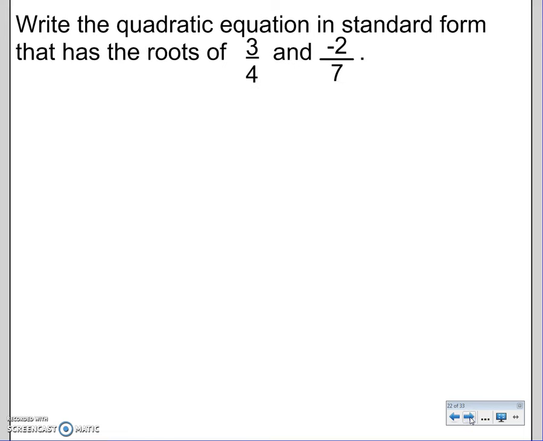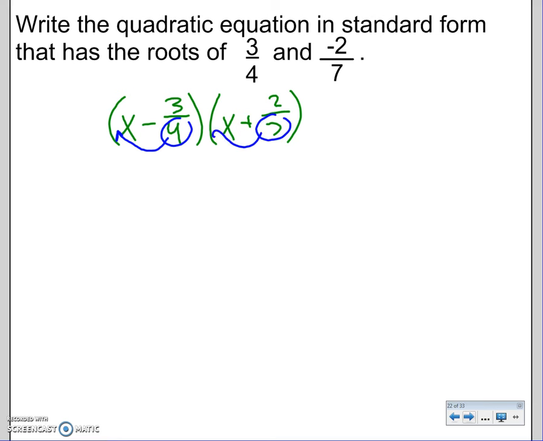Same thing here. So change the sign, -3/4. Change the sign, +2/7. Move the denominators. Move this to the front. Move this to the front. So 4x minus 3, 7x plus 2.